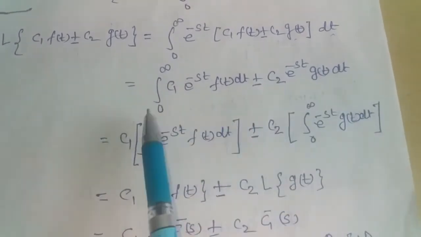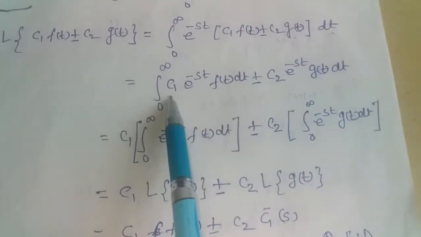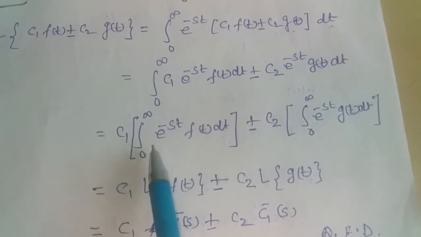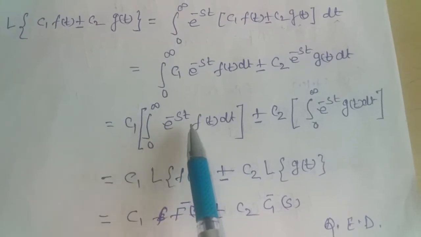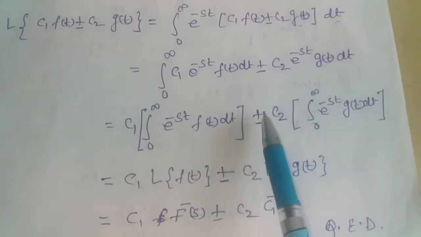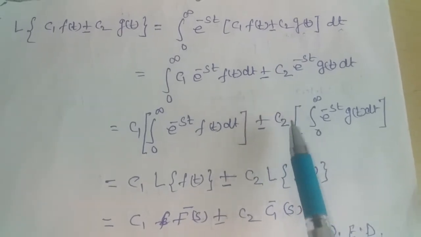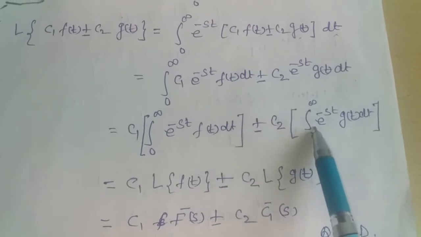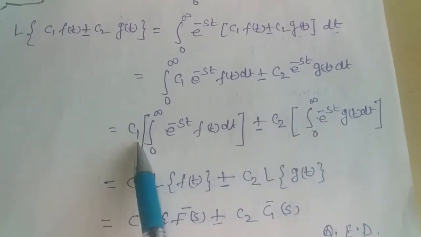Now we split this expression into two integrals. So c1 is a constant, we write it outside the integral sign, and we get the integral from 0 to infinity of e raised to minus st f(t) dt, plus or minus the constant c2 multiplied by the integral from 0 to infinity of e raised to minus st g(t) dt. Now what is this integral?